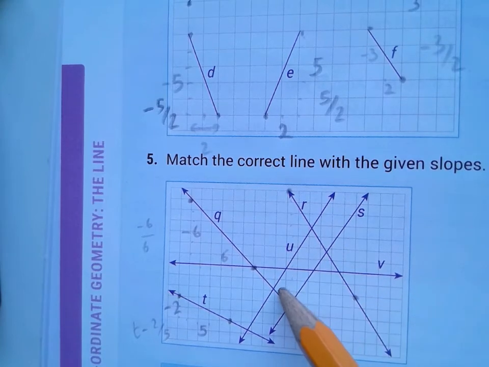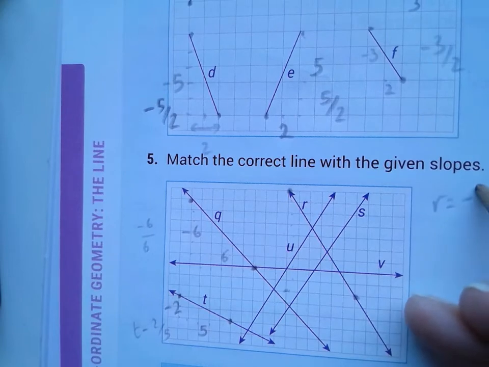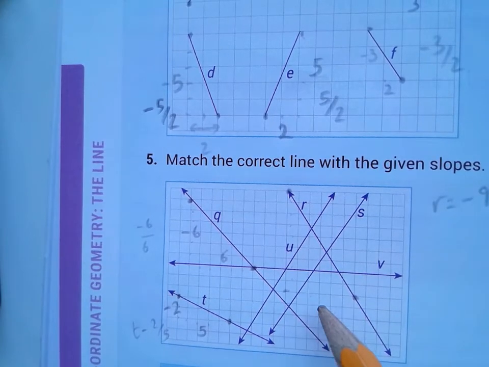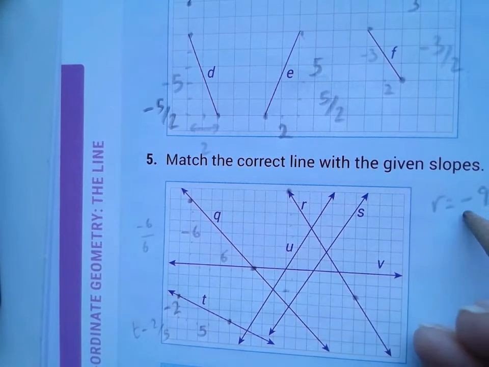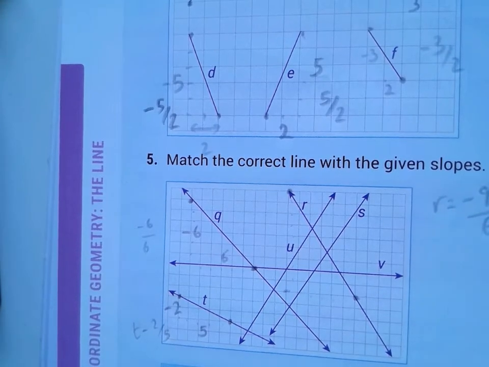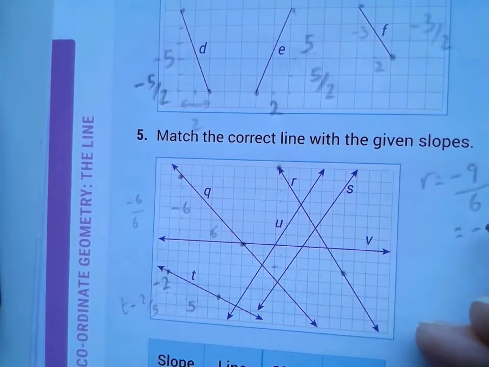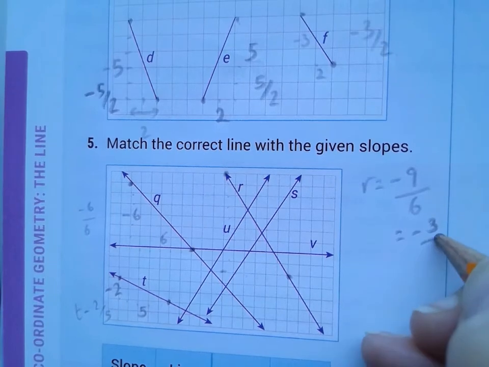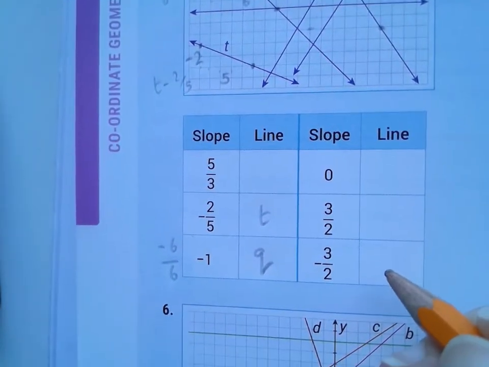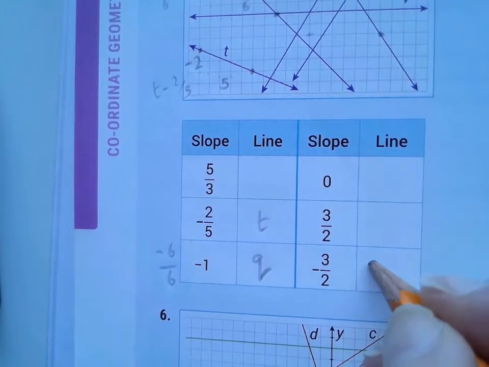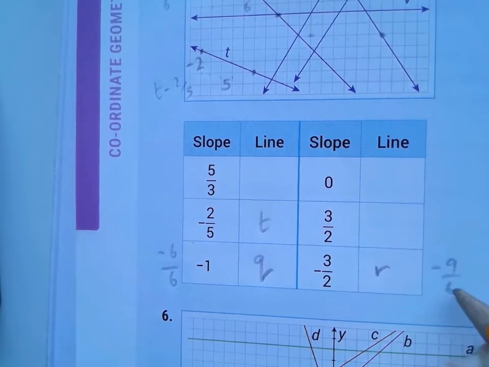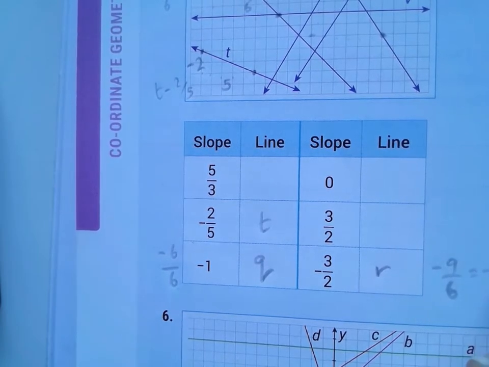That's level. Okay, so R, it's going to be negative 9, 1, 2, 3, 4, 5, 6 over positive 6. Negative 9 over positive 6, which would be negative 3 over positive 2. So here we are. That would be R. Negative 9 over 6, which is negative 3 over 2.